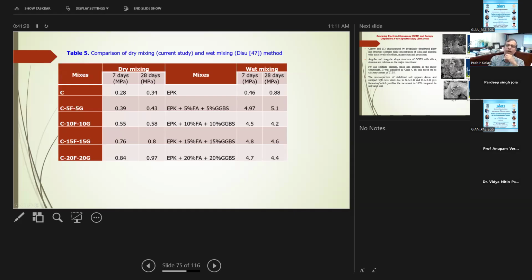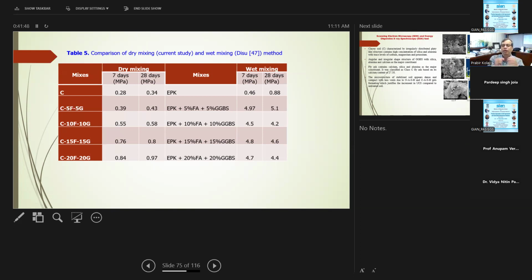Because in the wet mixing we used only the heat from the NaOH, right? So maybe the mixing is not proper. In wet mixing we use the sodium hydroxide and sodium silicate in solution, and then mix with the clay and the stabilizer. The mixing is much more proper.